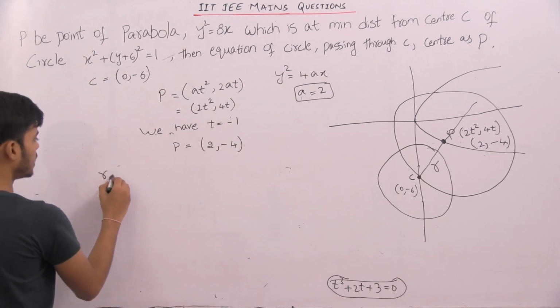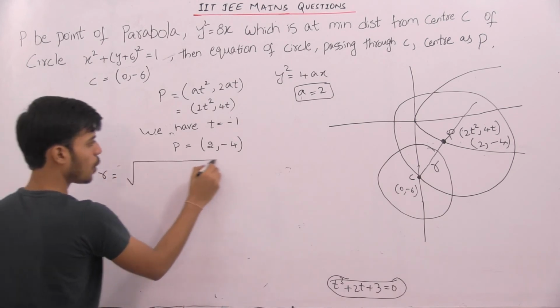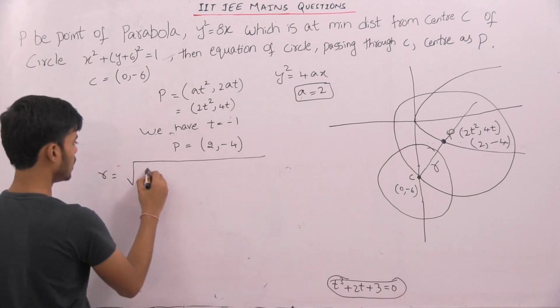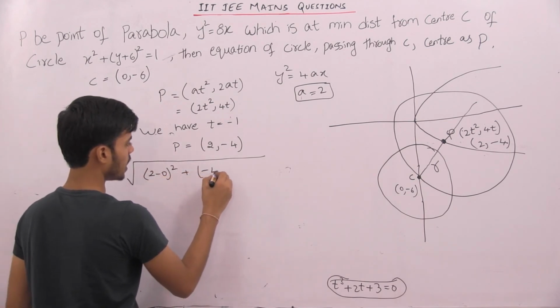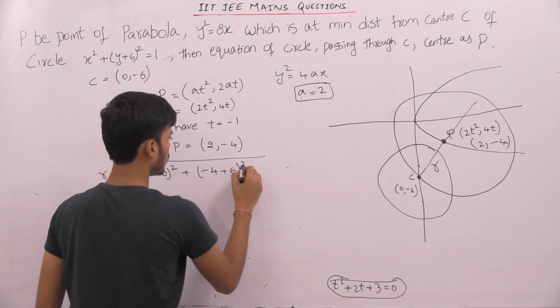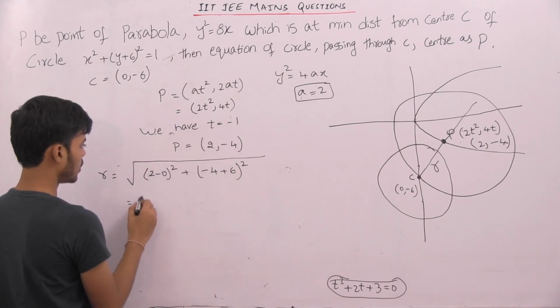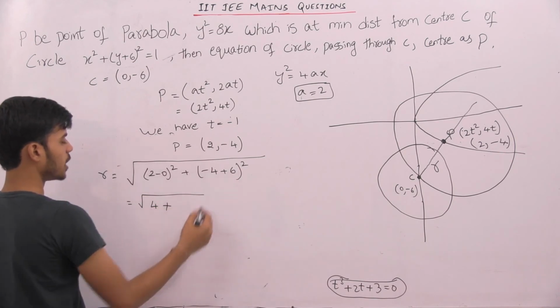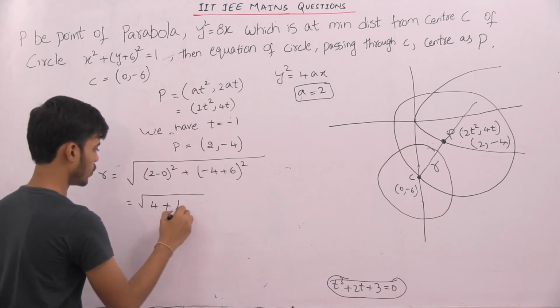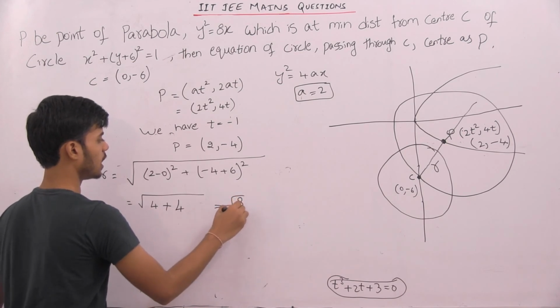So let's find the radius, which is the distance between P and C: (2 minus 0) whole square plus (minus 4 plus 6) whole square. (2 minus 0) whole square is 4, plus (6 minus 4) whole square is 4, which is root 8.